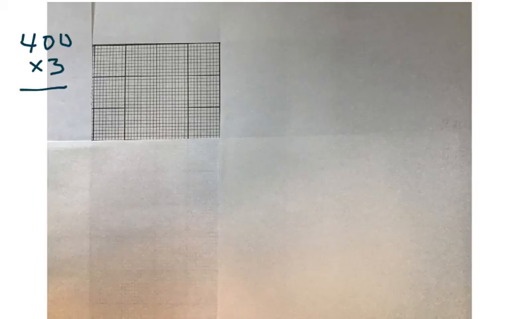Okay, well now suppose we had a problem, like in multiplication again. 400 times 3. Well, I'm picturing that with very small squares, but these are 100 grids, okay? This represents a 10 by 10 or 100.